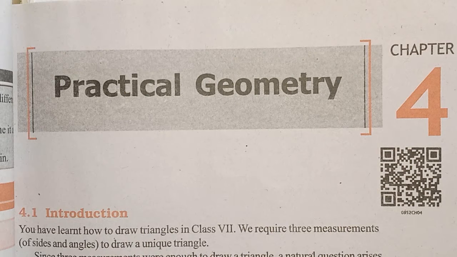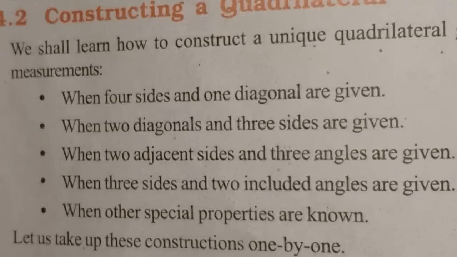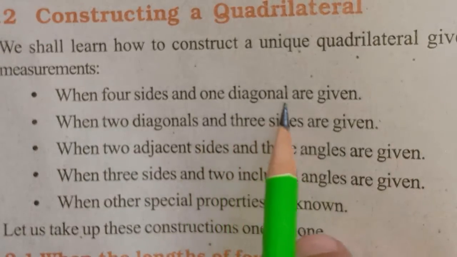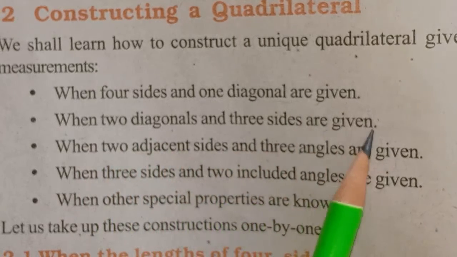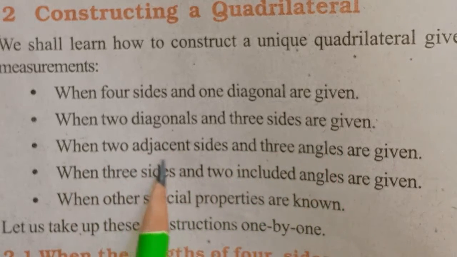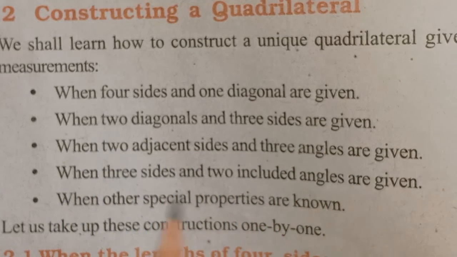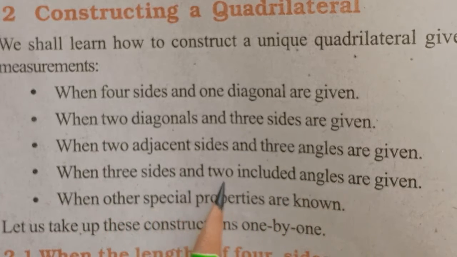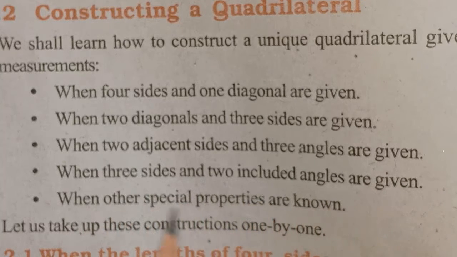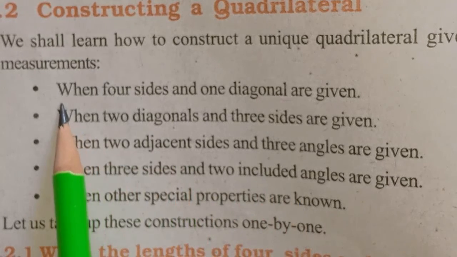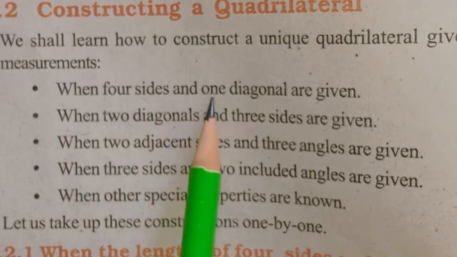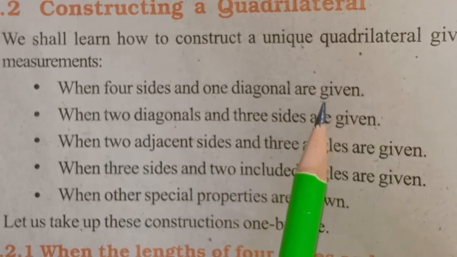This lesson is about how to construct quadrilaterals when 4 sides and 1 diagonal are given, or when 2 diagonals and 3 sides are given, when 2 adjacent sides and 3 angles are given, when 3 sides and 2 included angles are given, and when other special properties are known. So let's start with our first point, when 4 sides and 1 diagonal are given.